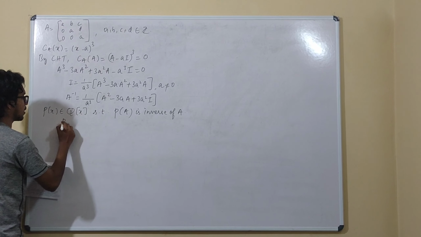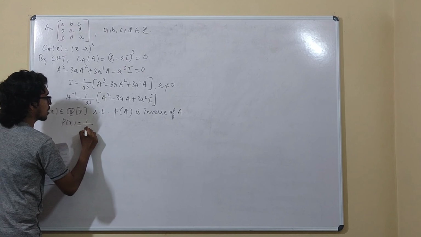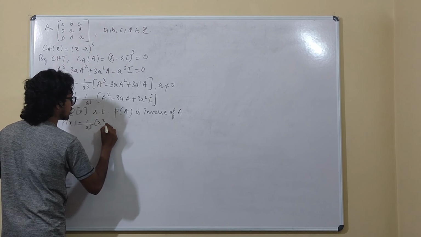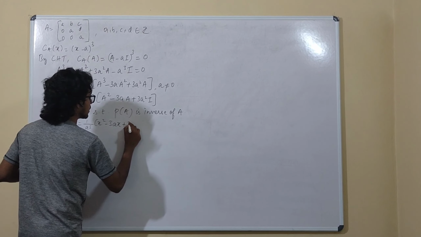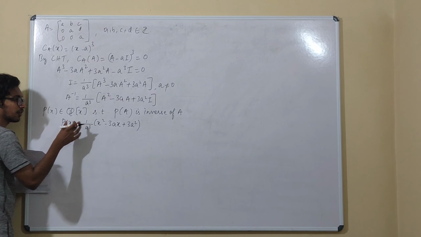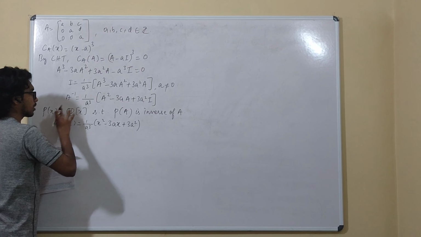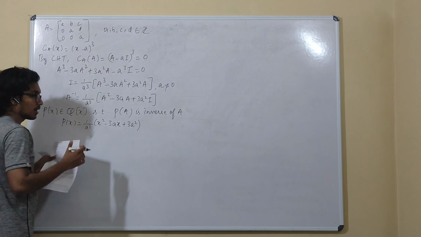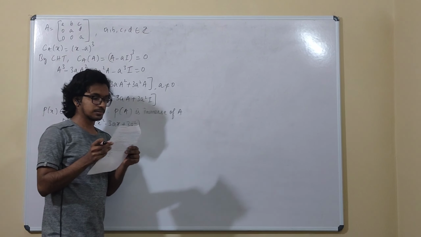You can very well choose your polynomial P of x to be 1 upon a cube times (x squared minus 3ax plus 3a squared). If you choose this as your polynomial, then of course P of A is the inverse of A. So option 1 is true.